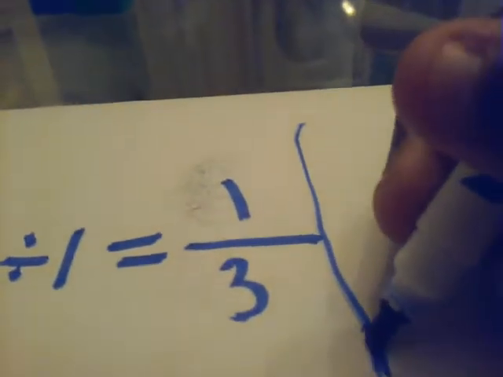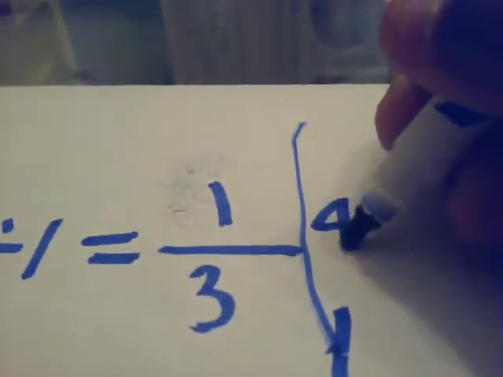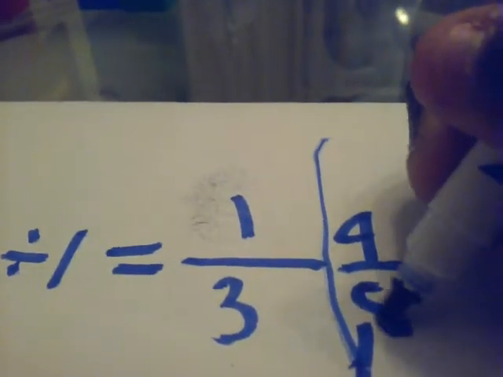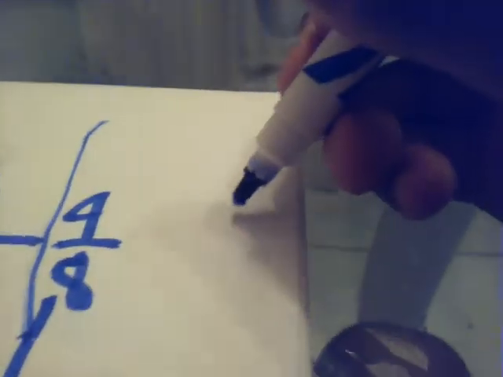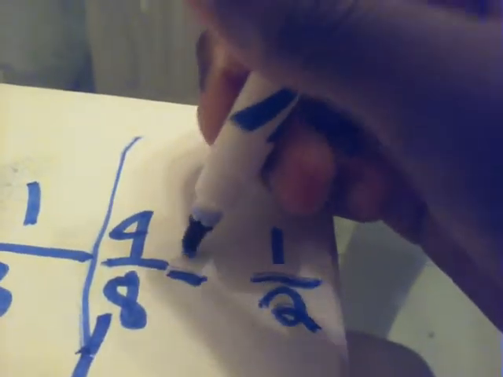Let's do a practice round. So let's see, we have 4 over 8, and we need to divide it into half. What number should we divide it into?